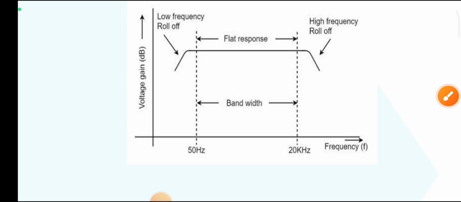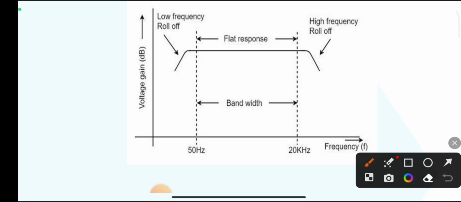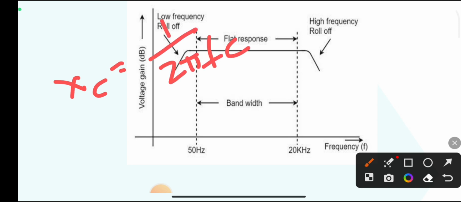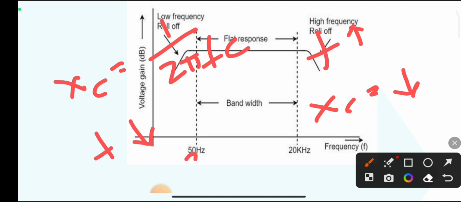Here the gain increases due to the coupling capacitor CC. You know the capacitive reactance XC is equal to 1 over 2 pi FC. XC is nothing but the impedance, the resistance offered by the capacitor. So as F increases, XC decreases, and as F decreases, XC increases.